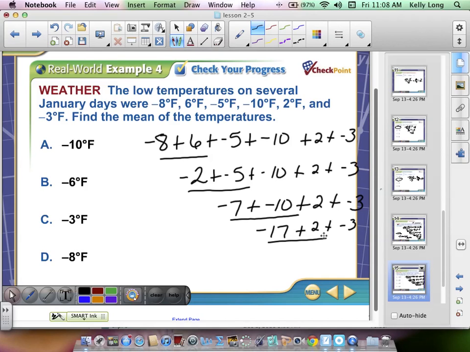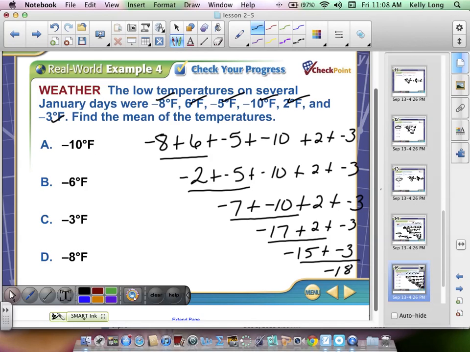Okay, again, adding with like signs, so add and keep the sign. Negative 17 plus 2 plus negative 3. Negative 17 plus 2. Adding with unlike signs, so you subtract, take the sign of the larger number. Negative 15 plus negative 3. Adding with like signs, add and keep the sign. Negative 18. How many did I have? 1, 2, 3, 4, 5, 6.